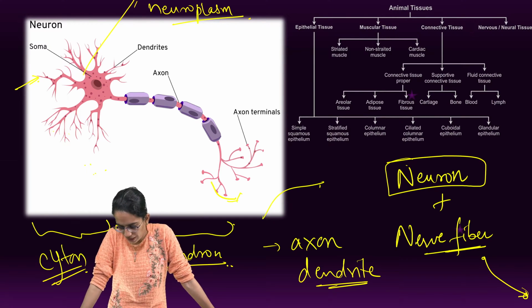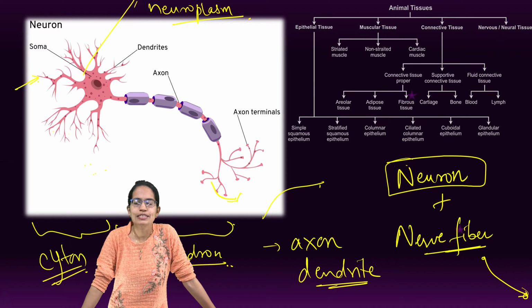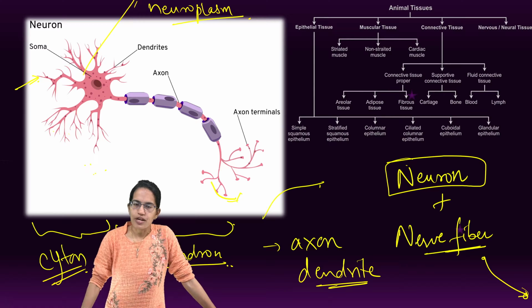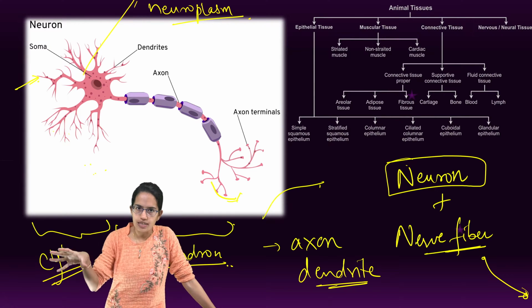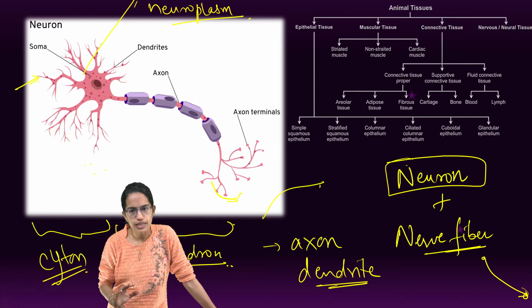So to wind up, under the animal tissues, we have four basic classifications: epithelial tissues, muscular tissues, connective tissues, and nervous tissues. Under muscular, we have understood it could be skeletal, smooth, or cardiac muscles. Under epithelial, broadly it is simple and stratified. Under simple or stratified, there are three classifications which are squamous, cuboidal, or columnar in nature.